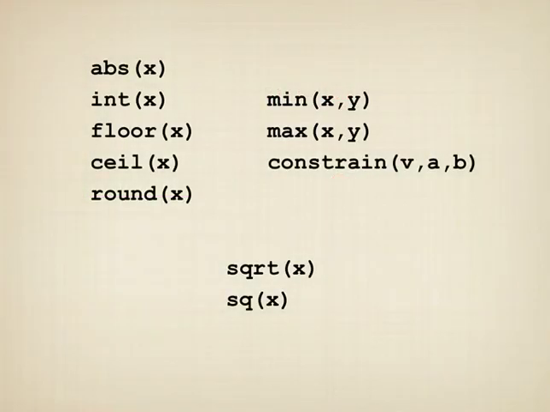Here they are all in one place. Our basic one-argument functions are in the upper left. Our basic 2 or 3 argument functions are in the upper right, and the 2 slightly weirdo math functions, each of which takes 1 argument, are on the bottom. The way to think about these things is that they're sort of little tools for helping us to shape numbers.